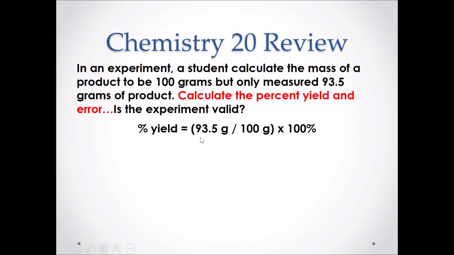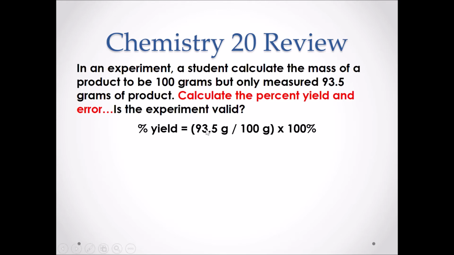Percent yield is the actual yield divided by the theoretical yield times 100%. The actual yield is the amount that is measured. It is always given in the question, 93.5 grams. And the theoretical yield is the value that is calculated. It is the value that you should get if there was no percent error.